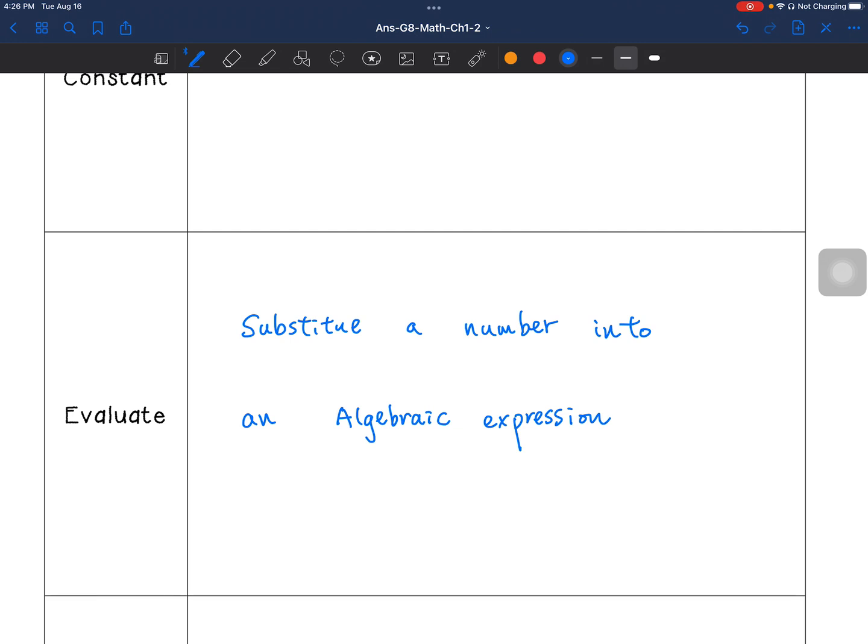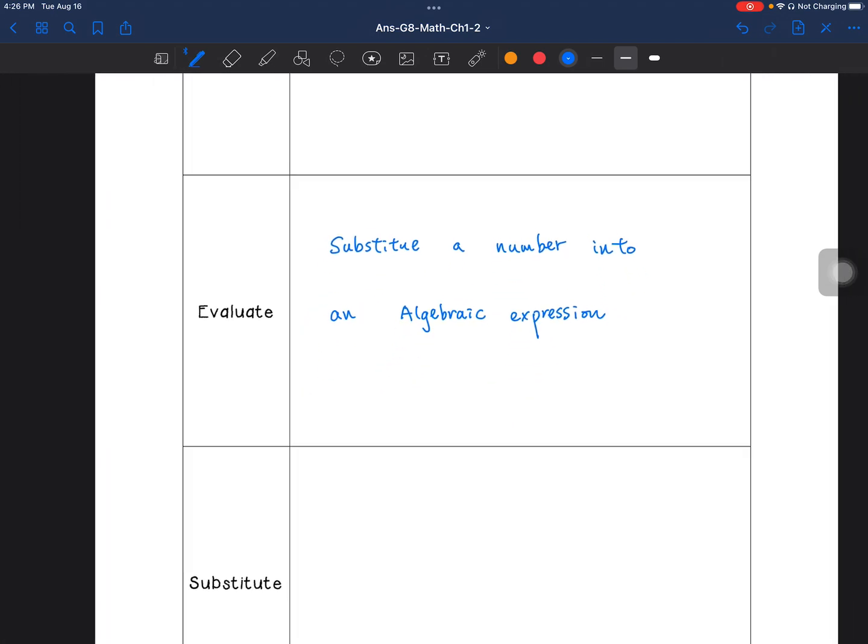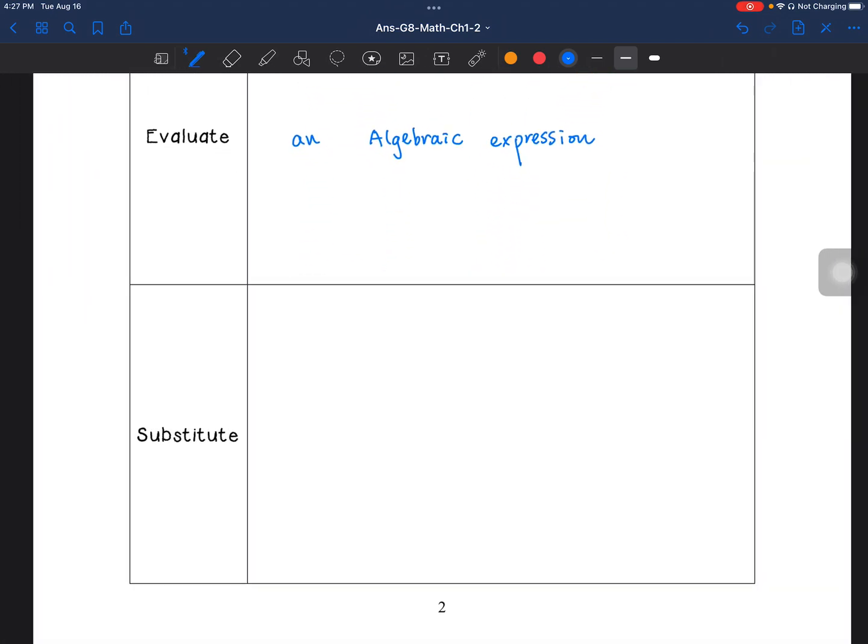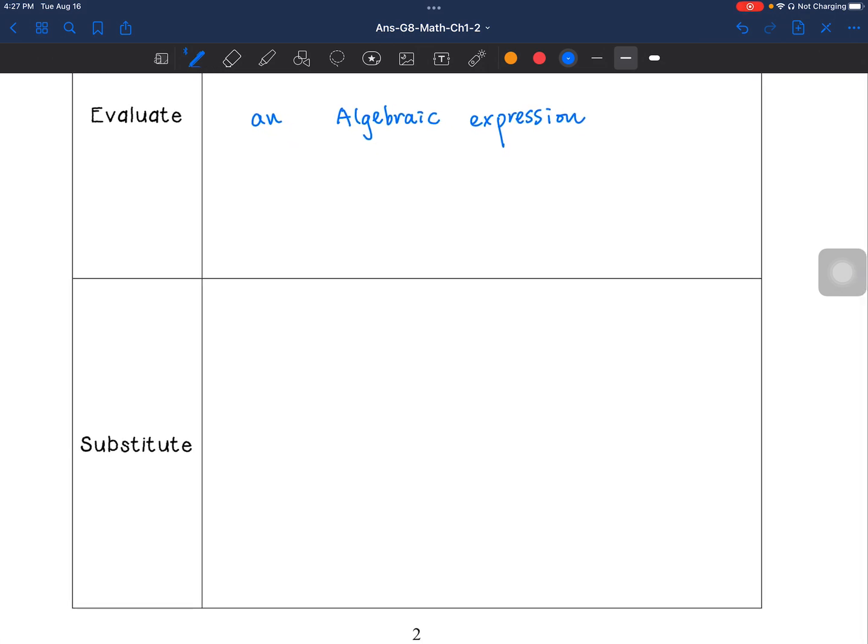When I substitute a number into a specific algebraic expression. So what is substitute? Substitute happens when I replace a variable with a number.